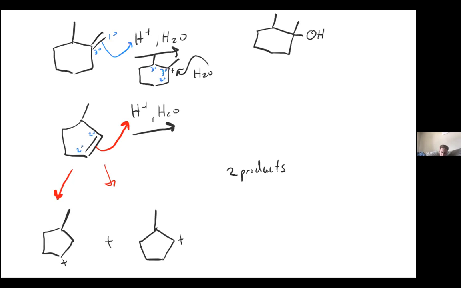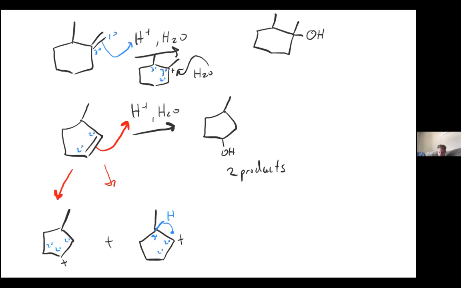For this one at the bottom, we have a secondary carbocation. It's next to other secondary centers, which means that this is going to lead to just a normal product. Versus this one on the right, it is secondary and it's next to a tertiary center, which means it can do a hydride shift.